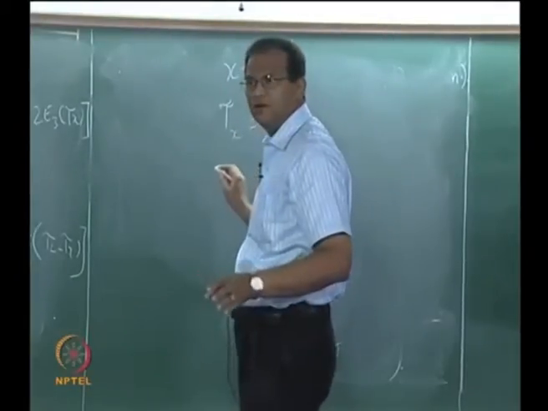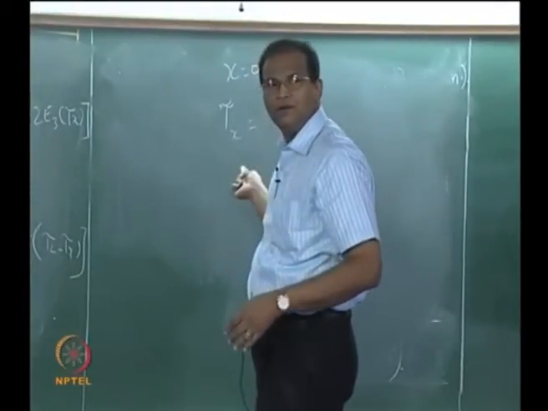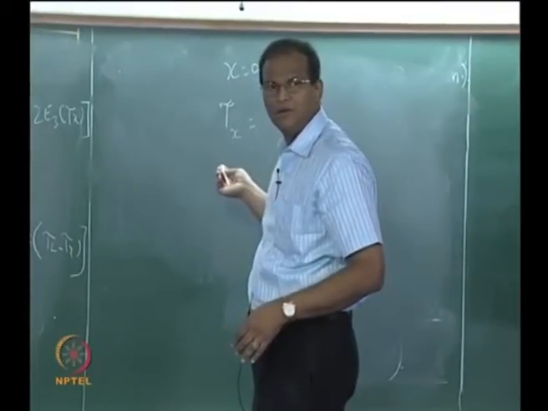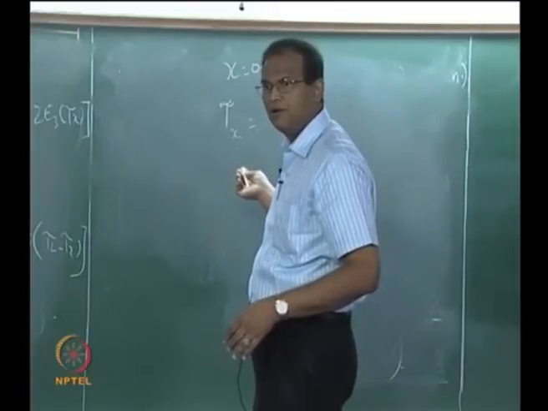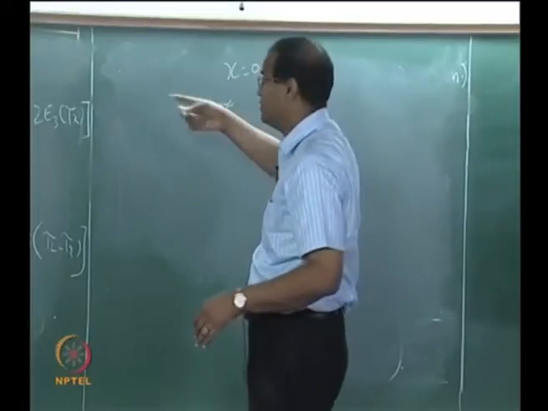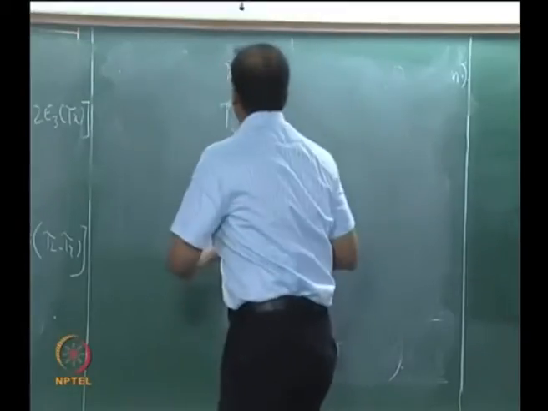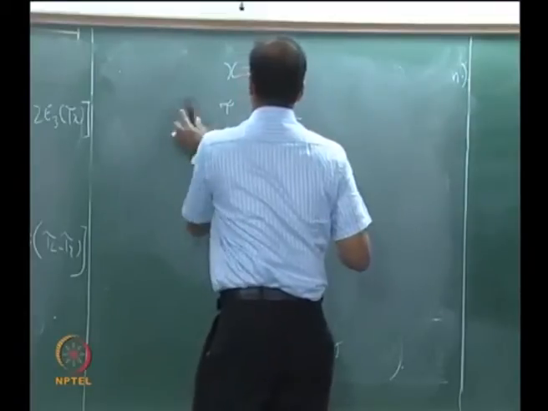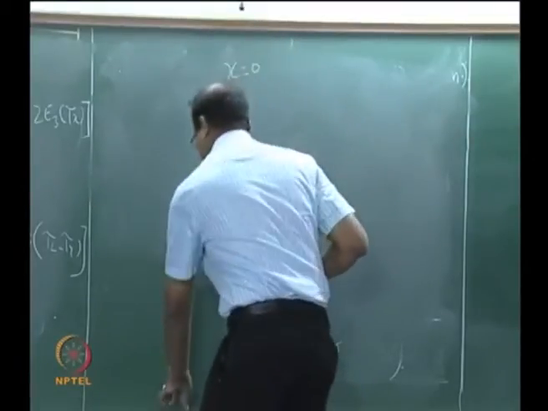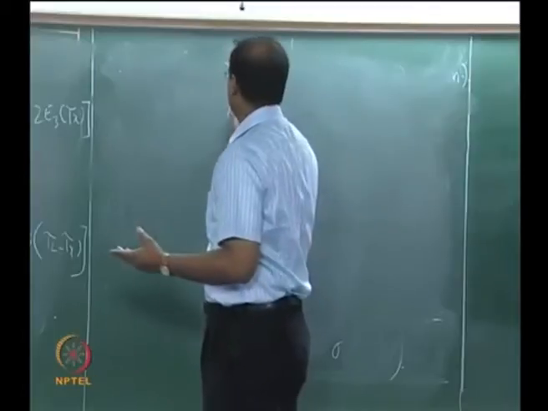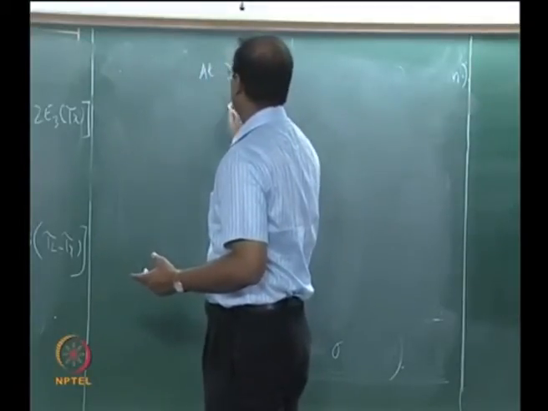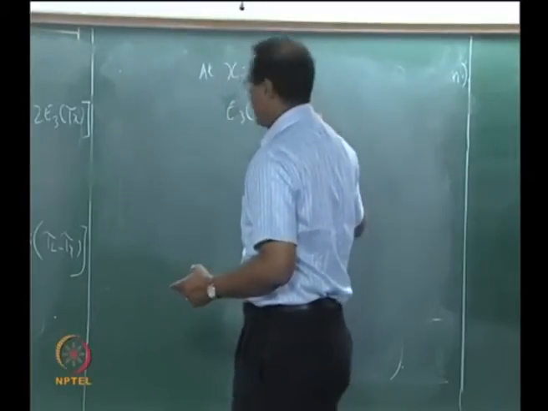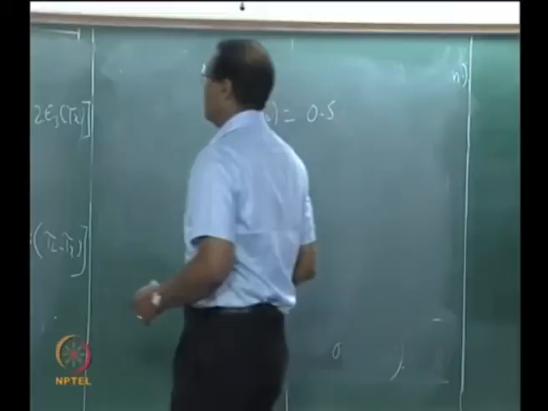So tau of x equal to, why 0.12? 0.08 into 1.4. Oh, the E3 of tau of x is 0.12, okay. E3 at x equal to 0 is equal to 0.5, okay.